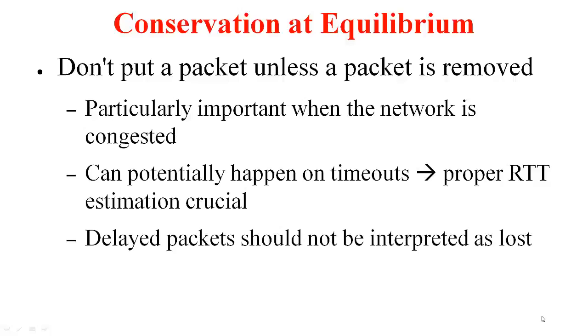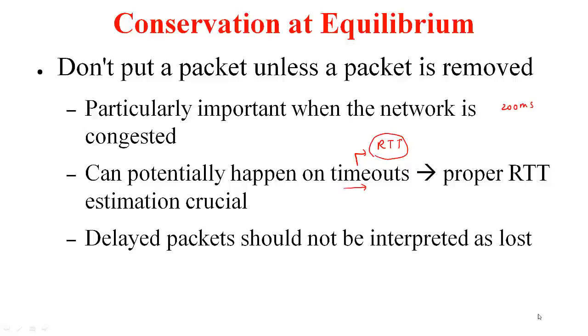So when a timeout happens, you are basically concluding that the packet is lost. In other words, it is dropped by some router, so it is not there in the pipe anymore, so let me put an additional packet. But these timeouts are a function of the round trip time, and if you miscalculate the round trip time, you can time out even when the packet is still in the network.